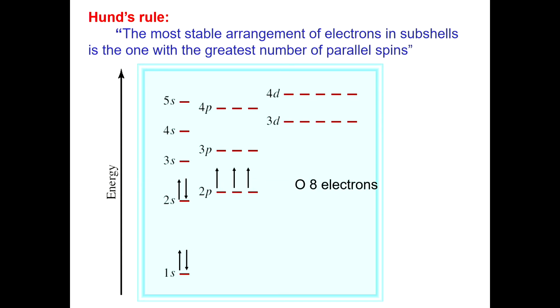So oxygen: the eighth electron must stay together, because the energy of this orbital is lower than this one. So it must stay here. Okay, so it's 1s2, 2s2, 2p4.